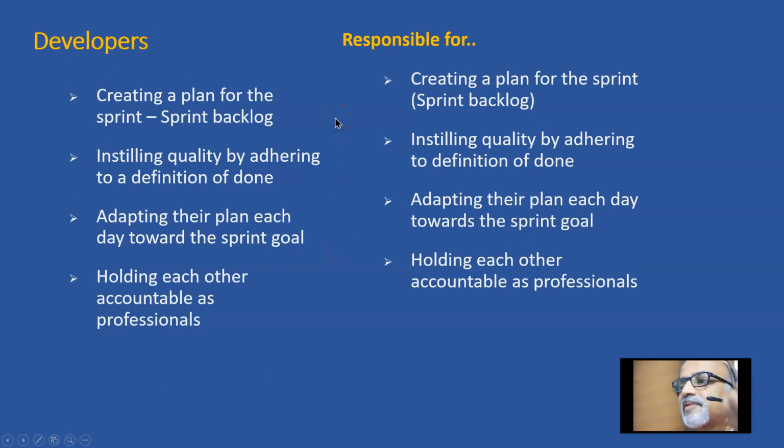Then the specific roles. Developers within a Scrum team create a plan for the sprint backlog. They're responsible for instilling quality by adhering to a definition of done. This is very, very important. Definition of done is nothing but the acceptance criteria.